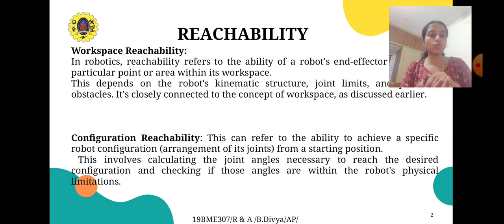This involves calculating the joint angles necessary to reach the desired configuration and checking if those angles are within the robot's physical limitations. The angles and the joints from the starting positions will be checked, and depending on the kinematic structures, joint limits, and obstacles in the robot's way, these can be identified by the reachability.